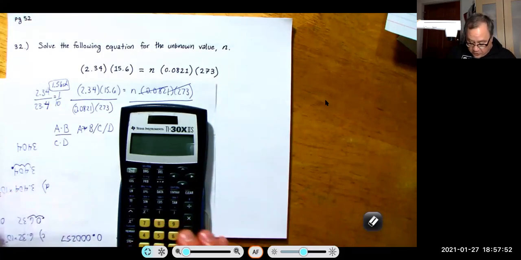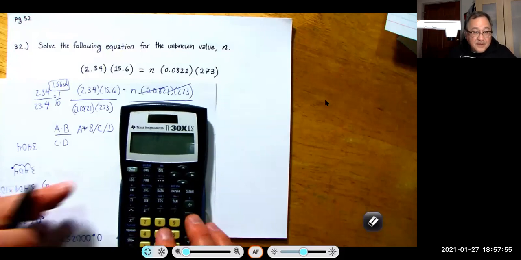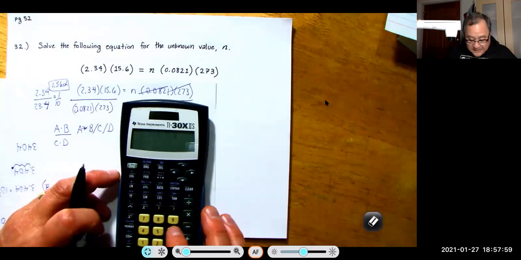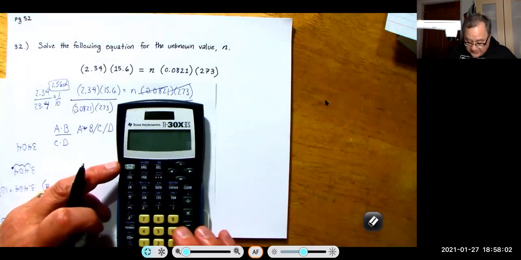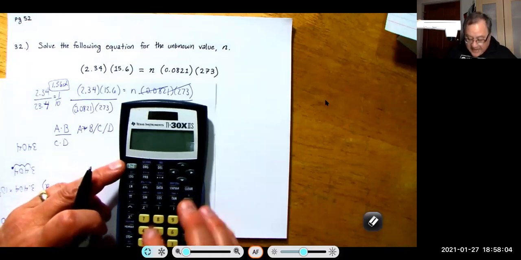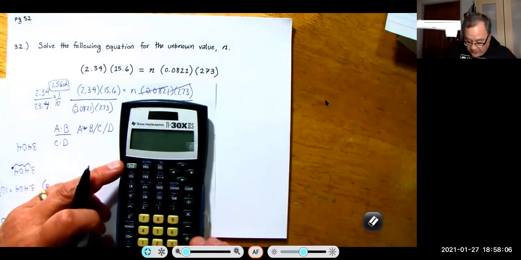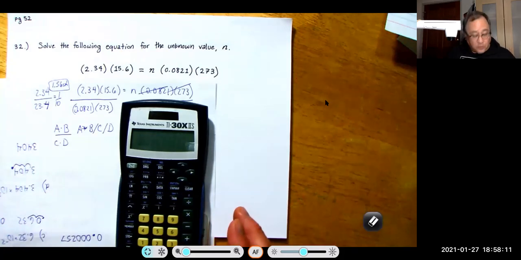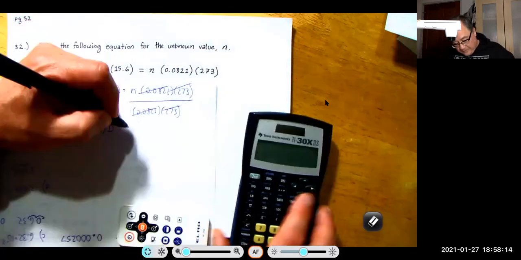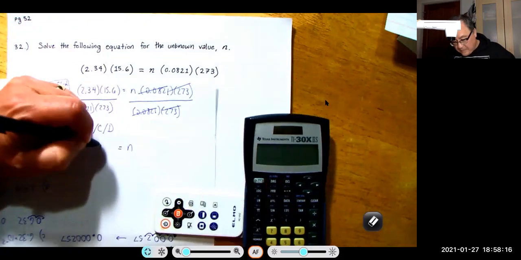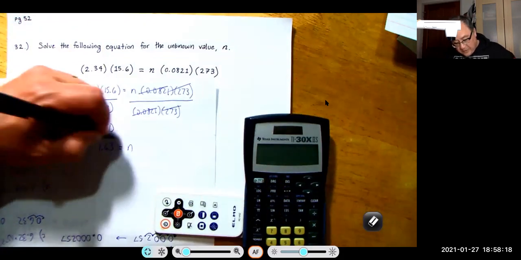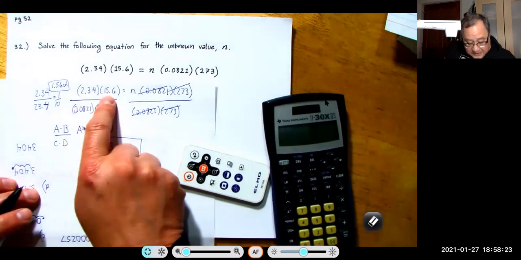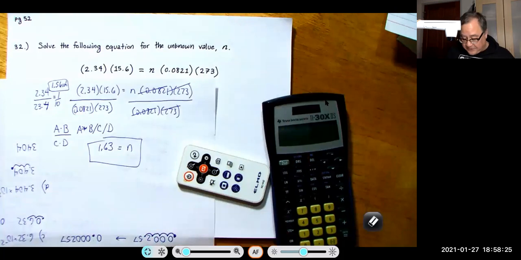So I'm going to put 2.34 times 15.6 divided by 0.0821 and divided by 273, and I get 1.63. So there's the answer. 3 significant figures because of this, this, this, and this. They all have 3 significant figures.